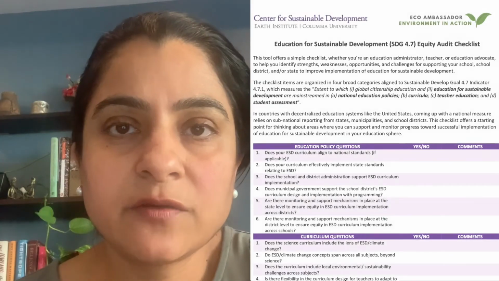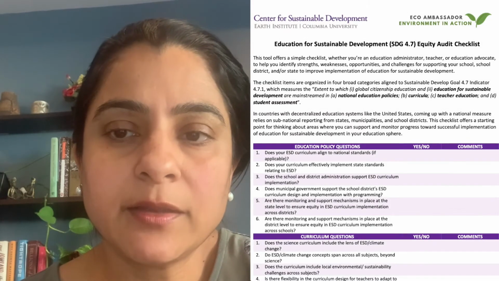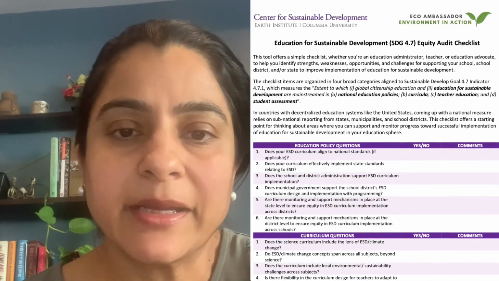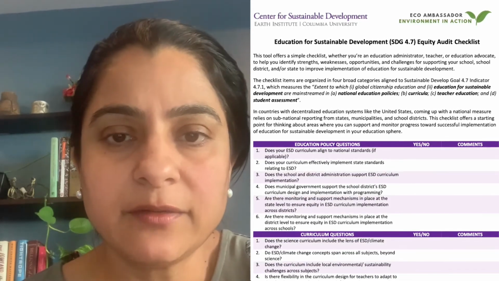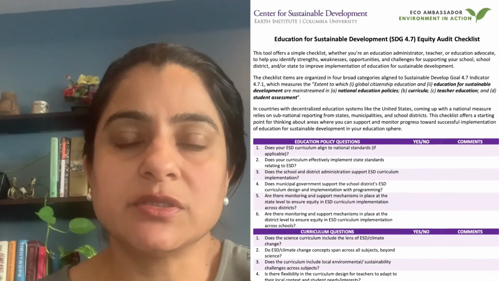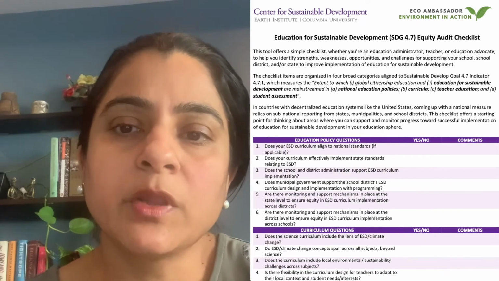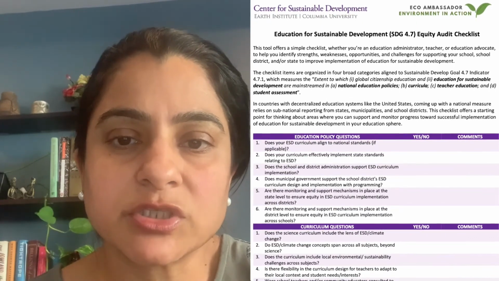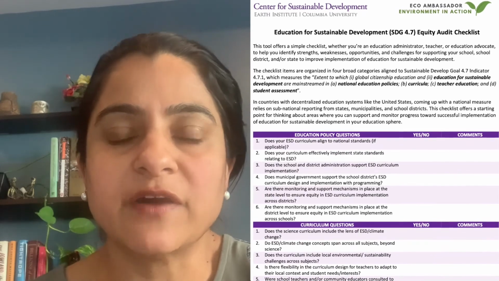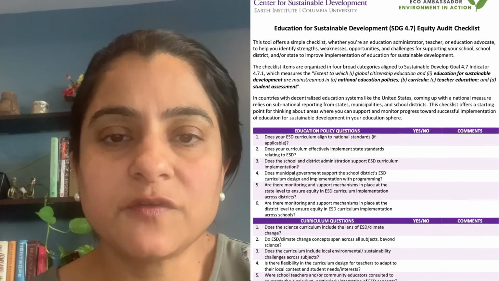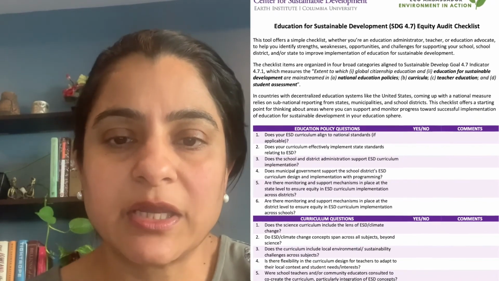Another interesting way of reporting on SDG 4.7 could be done locally by any stakeholders, whether it be green team members, parent teacher associations, or the town's board of education members, to see how well education for climate change or environmental education or education for sustainable development is infused in various different curricula or textbooks.